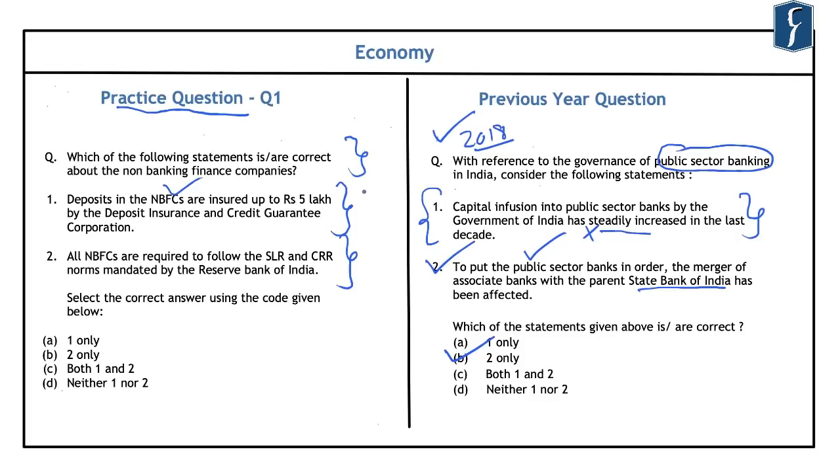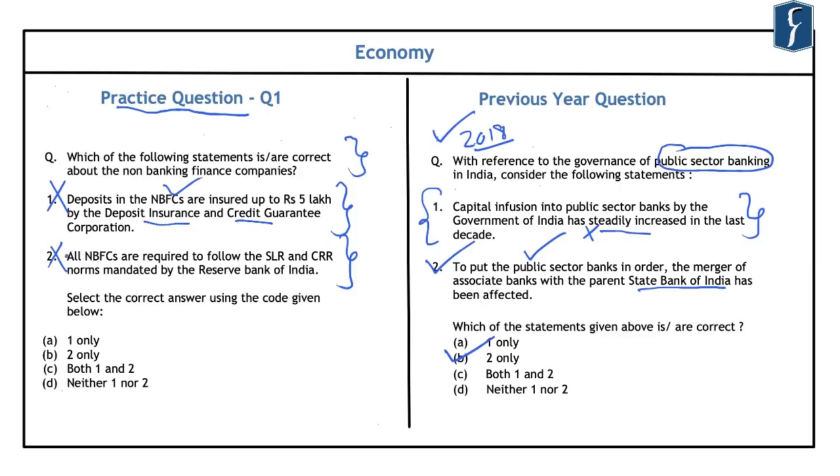So do not get confused by such statements, because although the deposit insurance was in news related to the PMC crisis, this is not related to the NBFC sector. And in this regard, this first statement is incorrect, because deposits up to rupees 5 lakh are only insured for the banking sector and not for the NBFCs. And the deposits in the banking sector are insured by the Deposit Insurance and the Credit Guarantee Corporation.